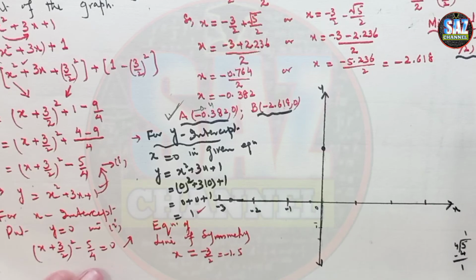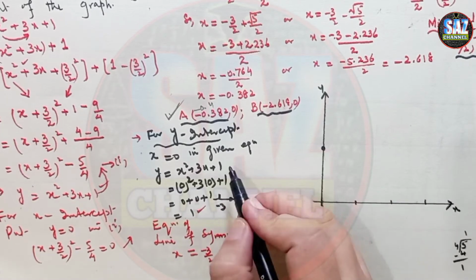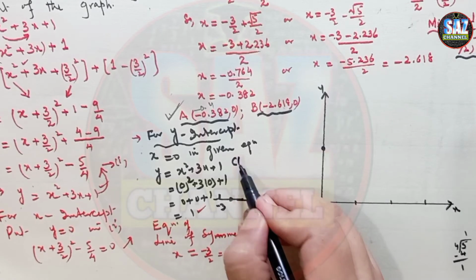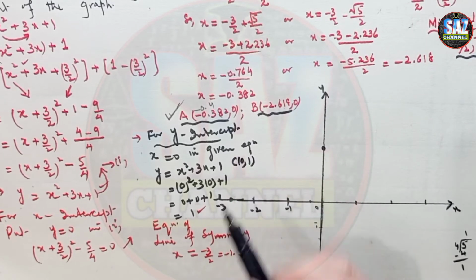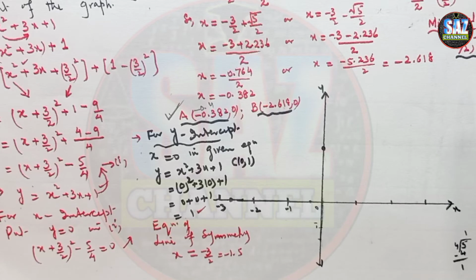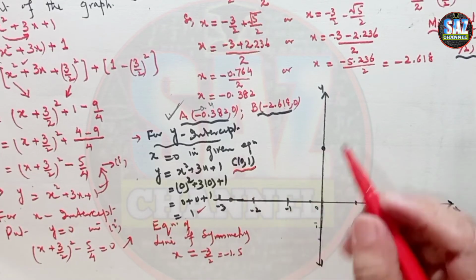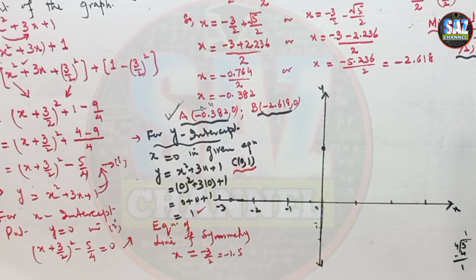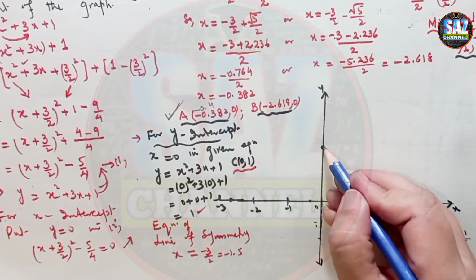The x-intercepts are plotted, and for the y-intercept, what is the y-intercept with me? That is 0 with 1. Point C: the x value is 0 and the y value is 1. Let me block this answer so that my students can see this clearly. 0 with 1, let me mark the point at 0 with 1.